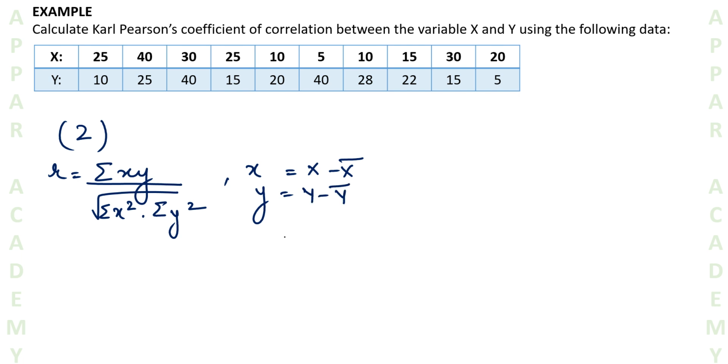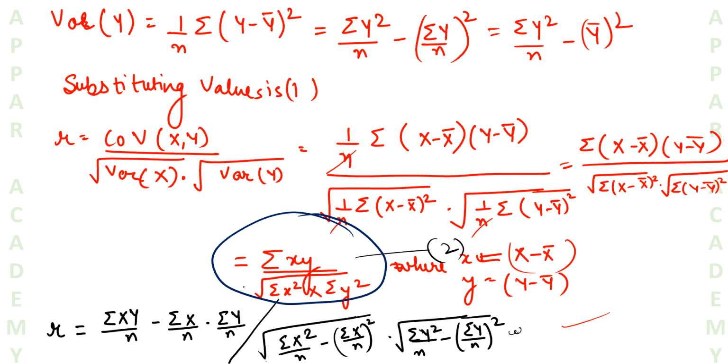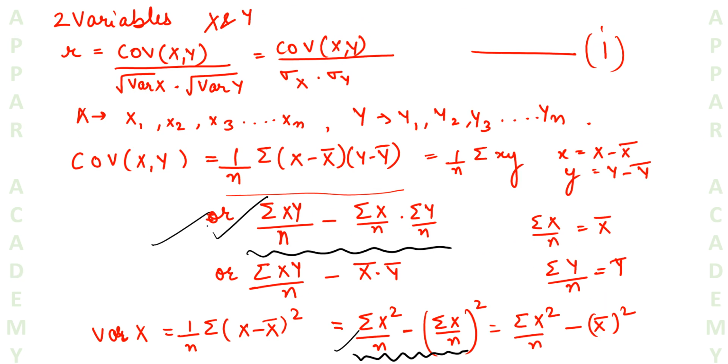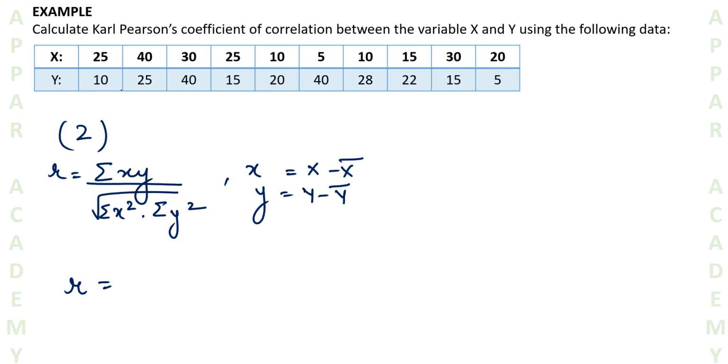Right? So one, we will use this formula, and alternatively, what other formula will we use? Let's use this one. Why am I using this formula? See, basically this formula and this formula are the same, but the question has different values, right? Some are big, some are small, so it will be easier. It's always easier to use this formula.